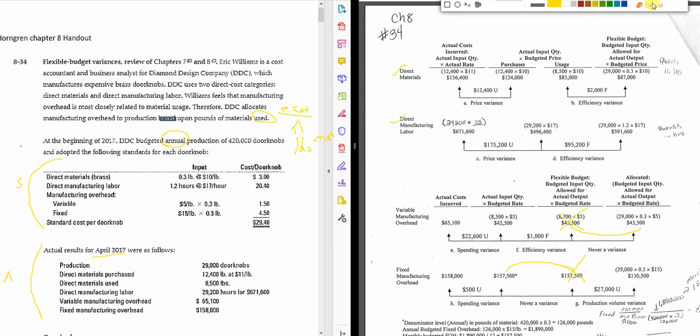And I'm going to clear this, and then I'm going to try to circle the items as I've done them. So production, 29,000 doorknobs.